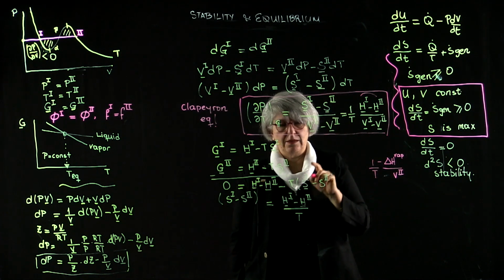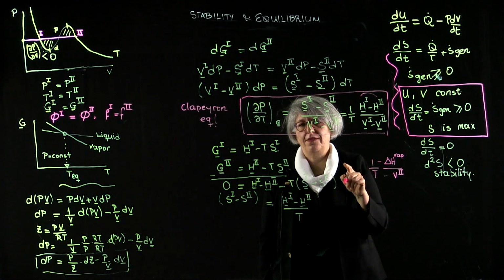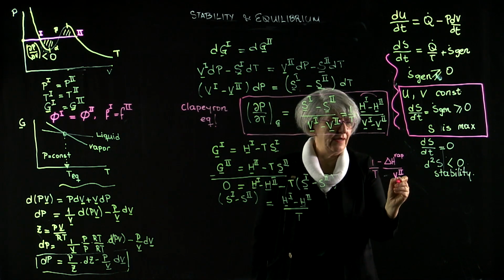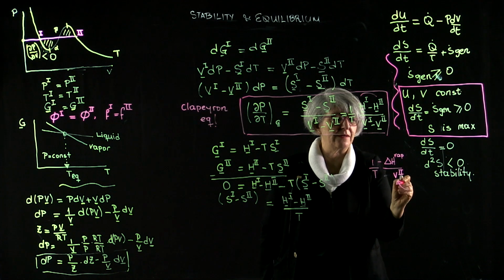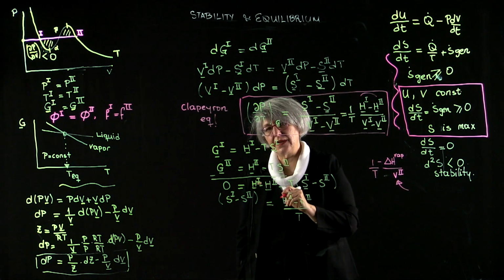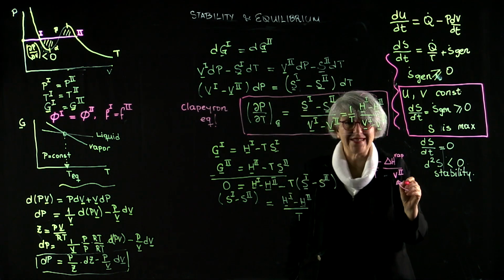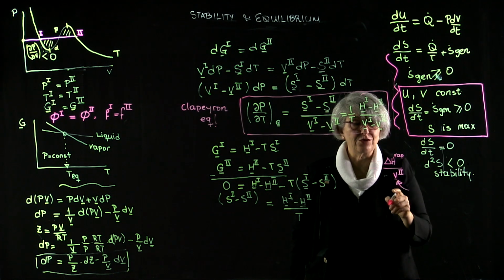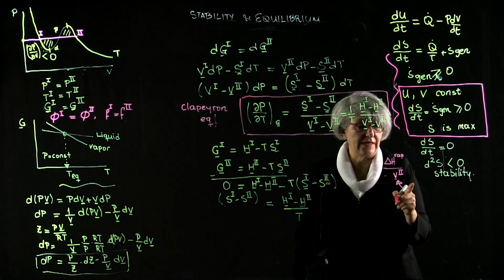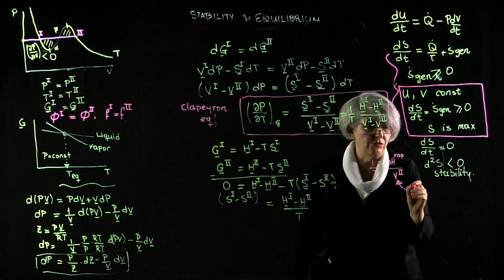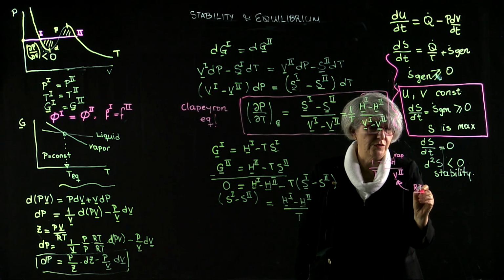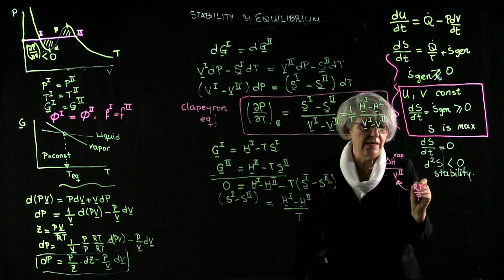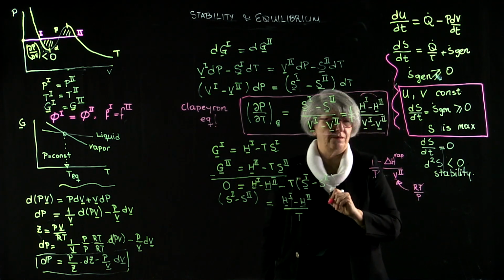I will make one leap of faith here, and I will make the assumption that in the vapor state, my fluid behaves like an ideal gas, so I will substitute the ideal gas law here. V is equal to RT over P. All right? And that T term drops.